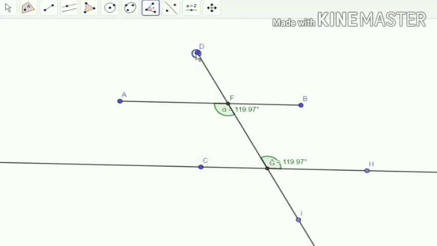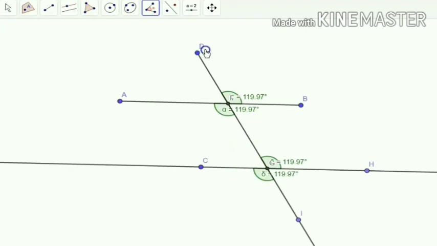Let's measure them. What do we observe? Exterior angle is 119.97 degree. The other exterior angle is also 119.97 degree. Both are equal.